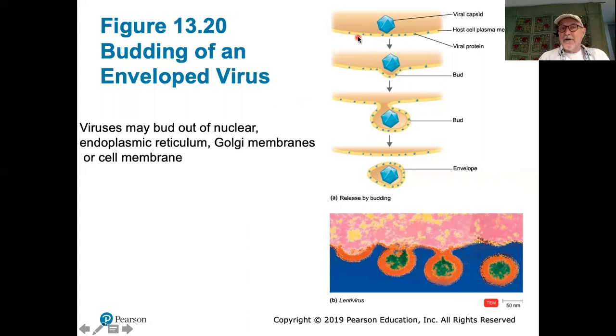Now, I'm being very careful here not to say cell membrane, because in fact, the viruses may bud out and acquire their envelope from any of the host membranes. It depends on the virus, it depends on the viral life cycle. Some viruses acquire their membrane from the nuclear membrane, others from endoplasmic reticulum, others from Golgi apparatus, some from endoplasmic reticulum and Golgi apparatus, which is the case for coronavirus.